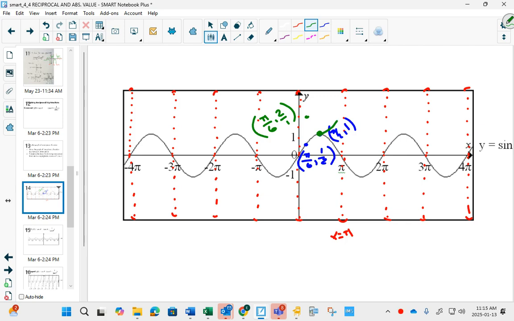And you actually had enough information to draw that already, because you know it has to go towards the asymptotes. 1/y graphs have no x-intercepts. And we can do all of these points.